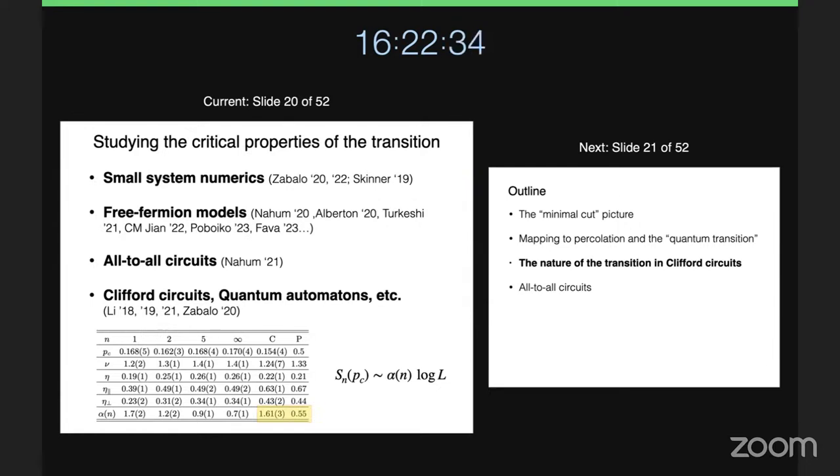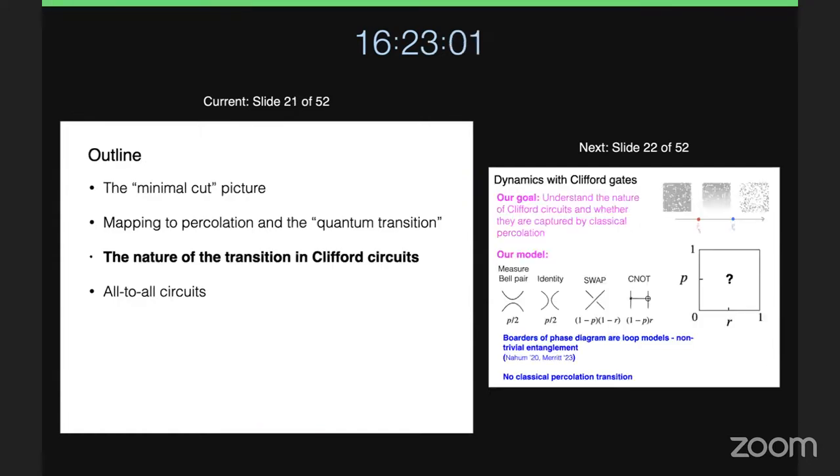And for example, here below, you can see this table from Adrian Zavalo's paper, where they look at the comparison between classical percolation and these Clifford circuits. For example, looking at the coefficient of the logarithmic growth of entanglement at the critical point, and they claim that it's significantly different from a classical percolation. And that's something I would like to challenge.